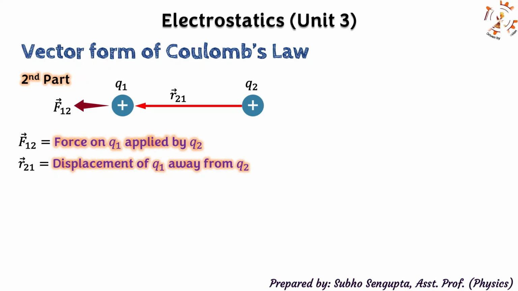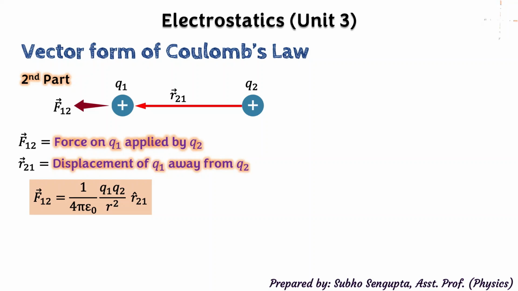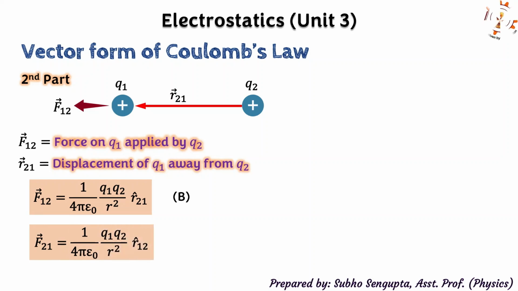Using the previous logic, the vector form of the force acting on charge Q1 can be written as vector F suffix 12 is equal to 1 upon 4 pi epsilon 0 times Q1 Q2 upon R squared times R suffix 21 hat. I mark this equation as equation B. I place our equation A and the diagram of the first part on the screen.